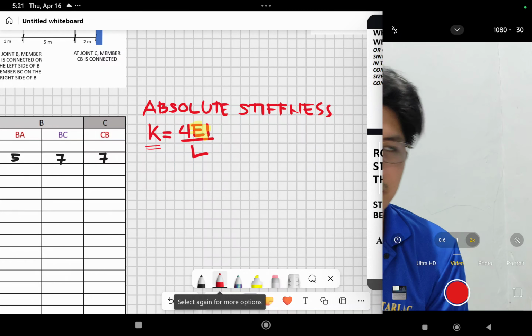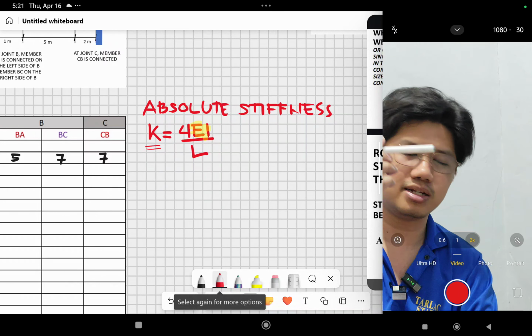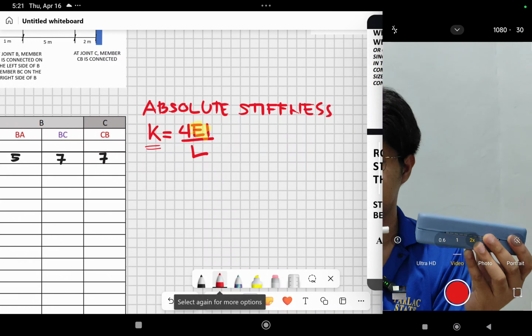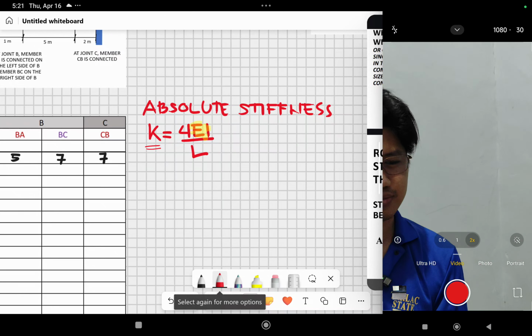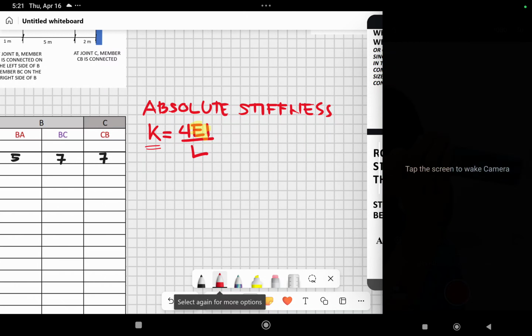I don't have a beam type of model here in my room, so let's just imagine this pen and this box. For example, my hand is the connection point.